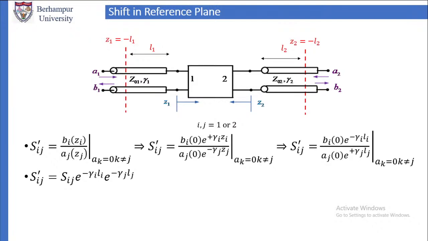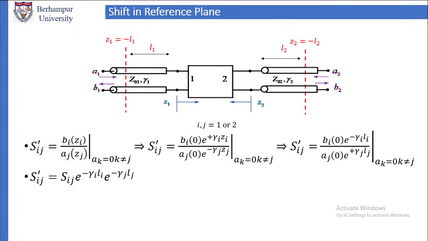So you can write Bi0 by Aj0, with exponential minus gamma i Zi where Zi is equal to minus Li. Similarly, for the denominator, it will be exponential plus gamma j Lj, with Ak equal to 0 for k not equal to j. Now Bi0 by Aj0 is equal to Sij.